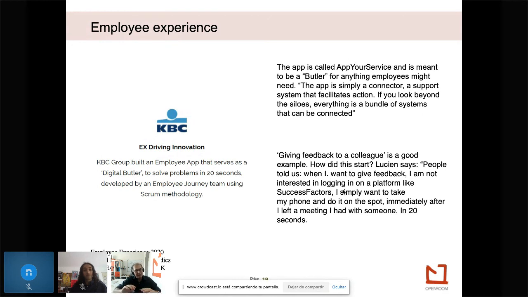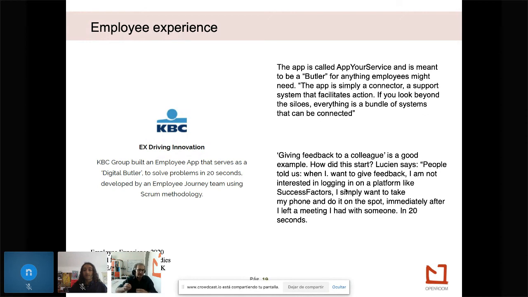So this is a new idea, something put on top of the different systems, really usable, with a very good user experience for the employee, who has only one place to ask for services. And this is again based on data.